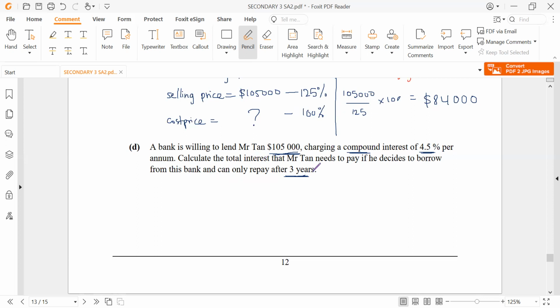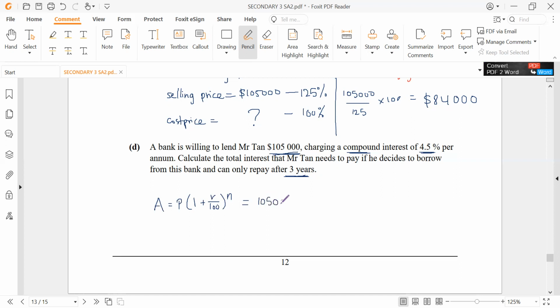All right, so this is just a yearly compound interest. So we just need to find the total amount. So A equals P bracket 1 plus R over 100 power N. Don't forget, this formula is given in your formula list.